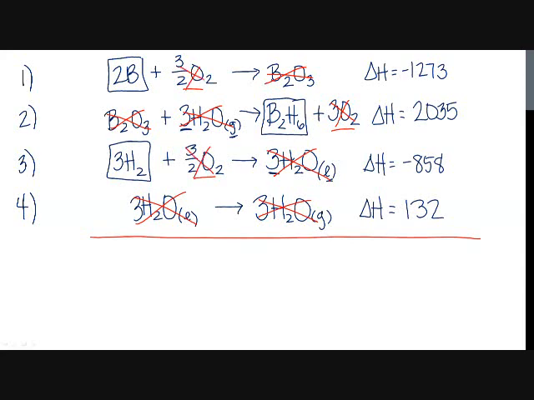That one's the tricky one when you have to add them together in order to cancel out the other side. That gets tricky. I understand that. But that's all that we have to cross out. So we have got 2B plus 3H2 to make B2H6, which is our overall reaction we wanted.